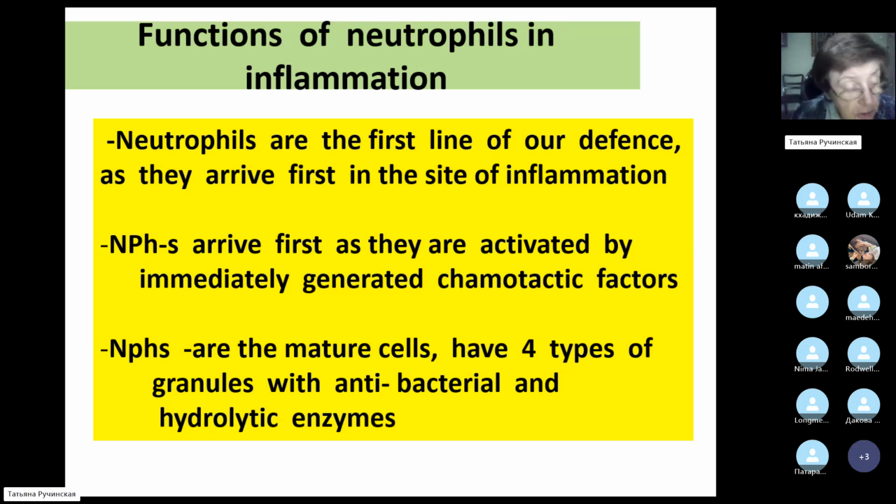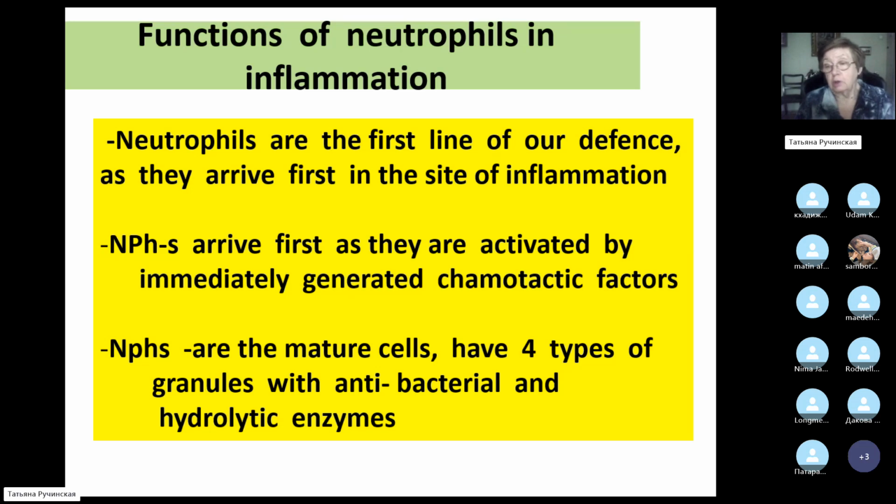At first, it is easier for neutrophils to come through the vessel wall when the holes between endothelial cells are small. The second, there are very many chemotactic factors for neutrophils that we saw. And neutrophils have in their granules very many enzymes for killing injurious factors.